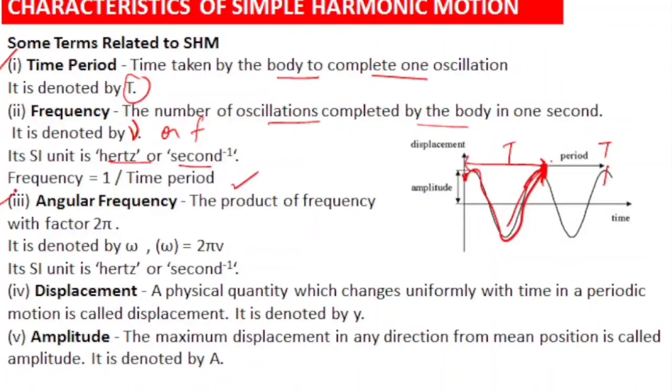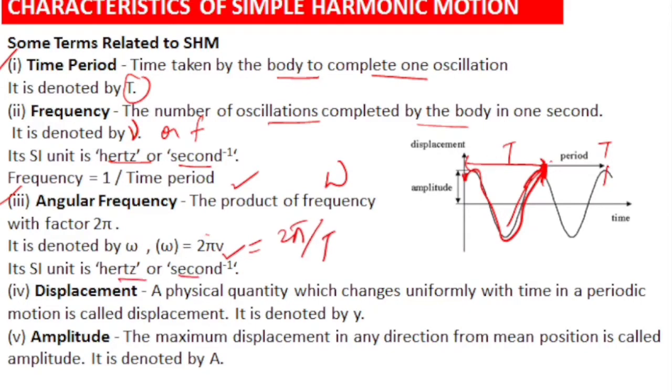The next one is angular frequency, that is omega. It is the product of frequency with 2 pi. It means omega equals 2 pi nu, or you can write 2 pi by T. 1 by T is frequency, so you can write 2 pi nu. The product of frequency with the factor 2 pi gives angular frequency. Its SI unit is also hertz or per second.